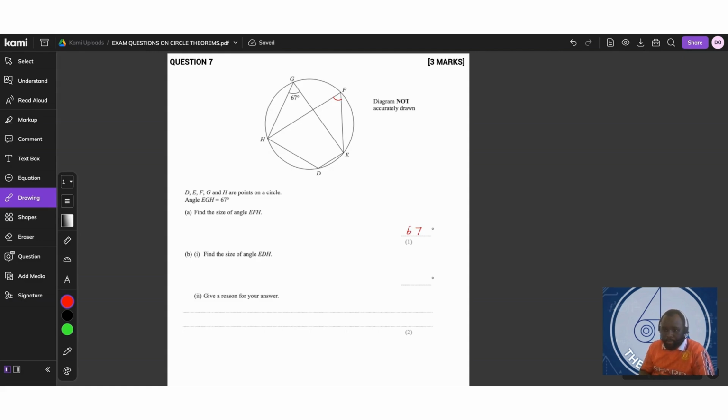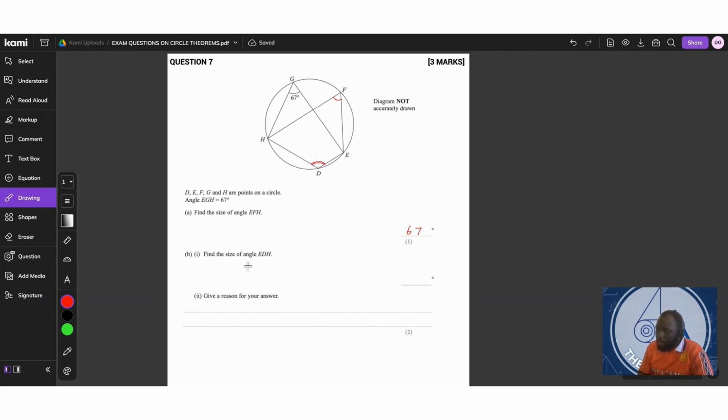Then we are told, part B, Roman 1, find the size of angle EDH. Angle EDH. Now, EDH is this angle here. You see, that is a cyclic quadrilateral. It is opposite both angles, so it's opposite this angle and it is opposite this angle.